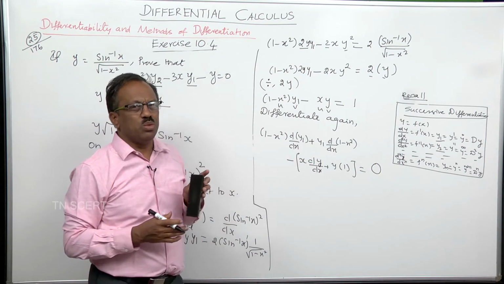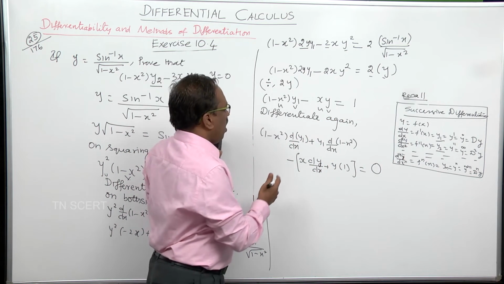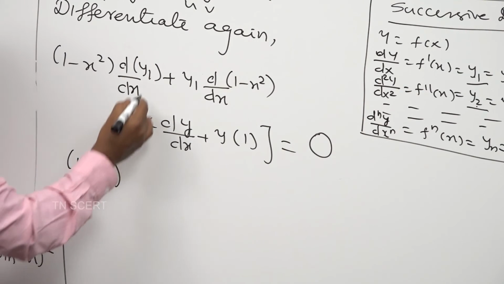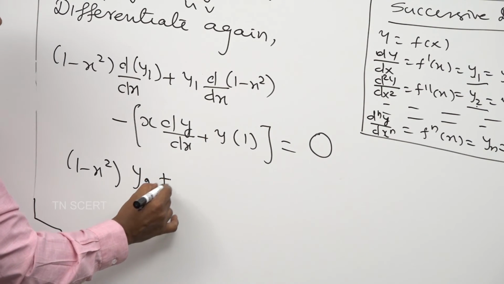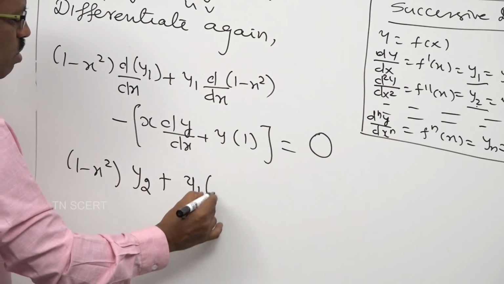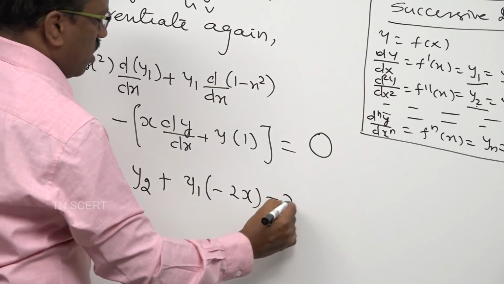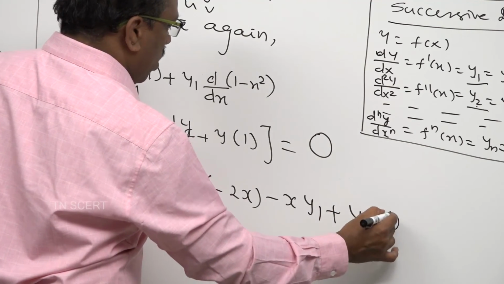Like this you can do, so that it is easy for you. 1 differentiation is 0 here, and this part 1 minus x square y1 differentiation is obviously y2 plus y1 bracket negative 2x, minus x y1 plus y equal to 0.